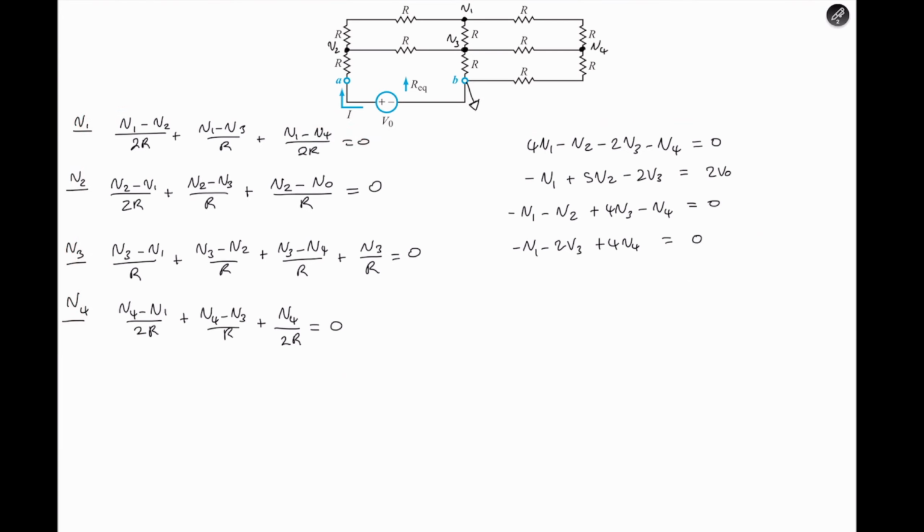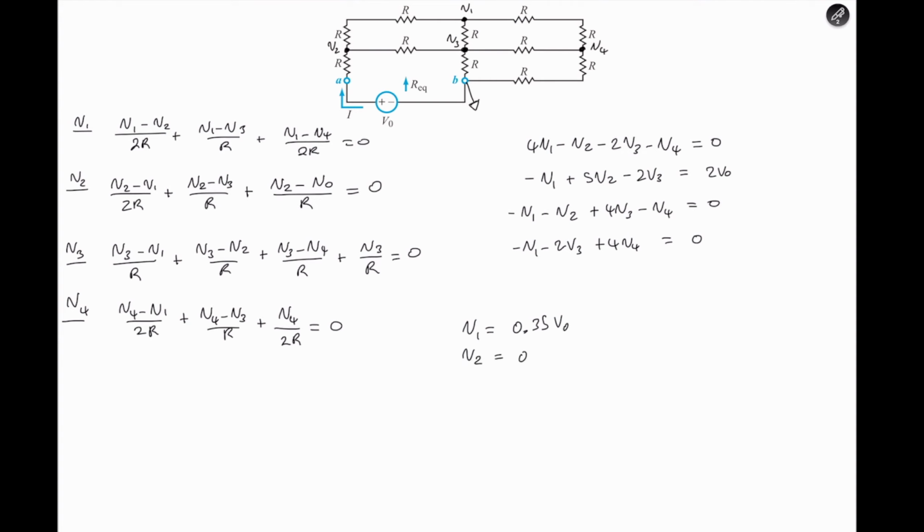And then solving these simultaneously will lead to the solutions. V1 is equal to 0.35 V0. In this case, we didn't get a constant for the voltage source, so let's call this V0.